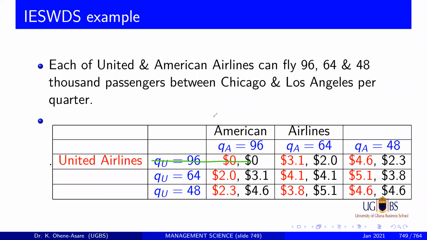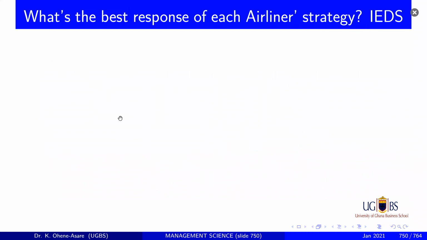So the whole of this will be canceled, and the whole of this will also be canceled. So you can see that we've been able to kill strategy 96 for United and strategy 96 for American, because they are dominated. It was strictly dominated. So that is gone. Let's go to the results here.